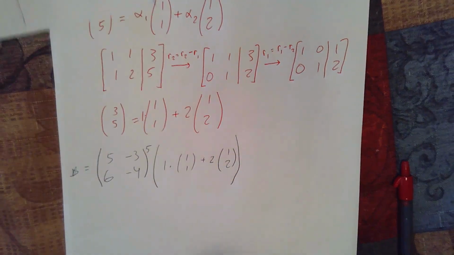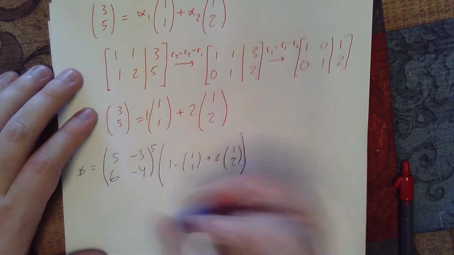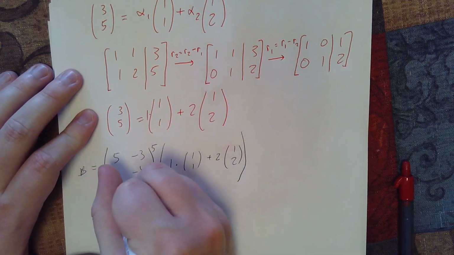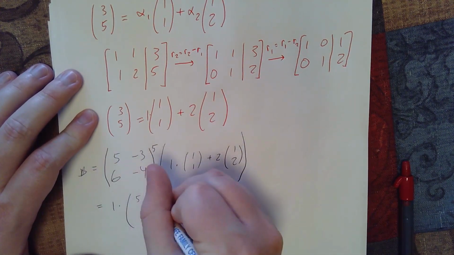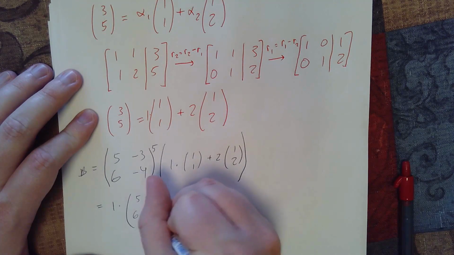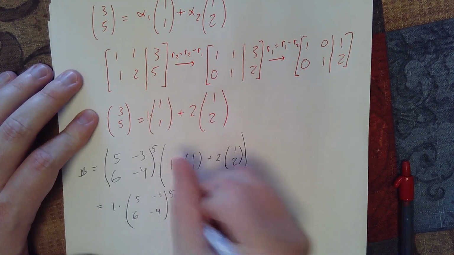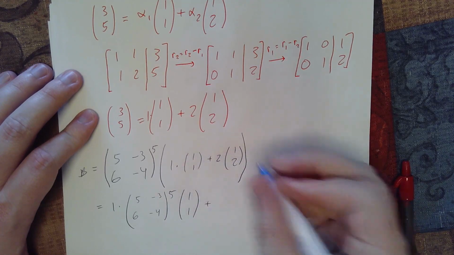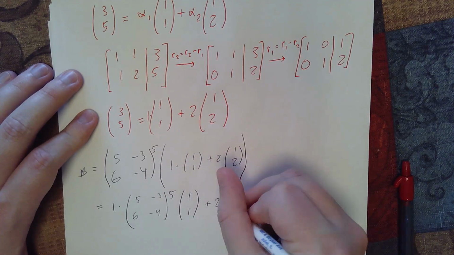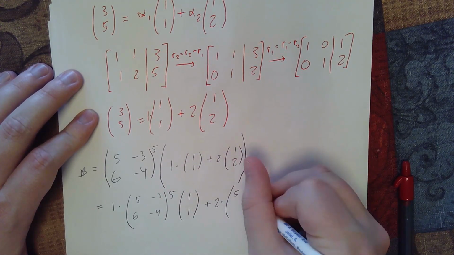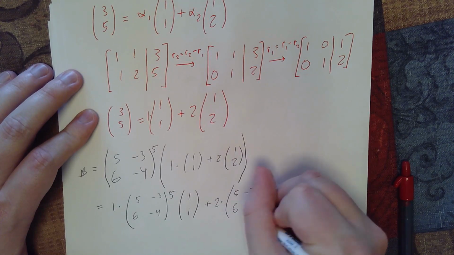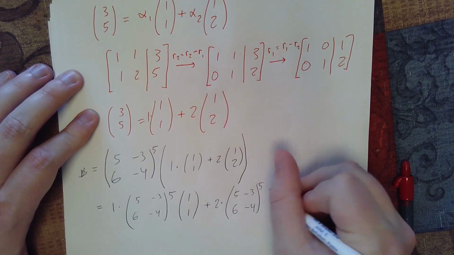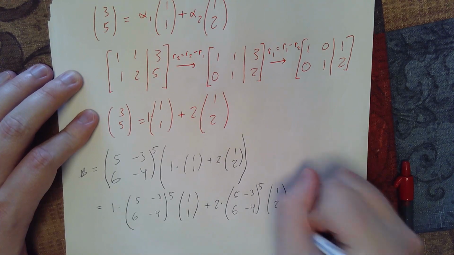And so this is the same as 1 times the matrix to the 5th power times (1, 1) plus 2 times the matrix to the 5th power times (1, 2).